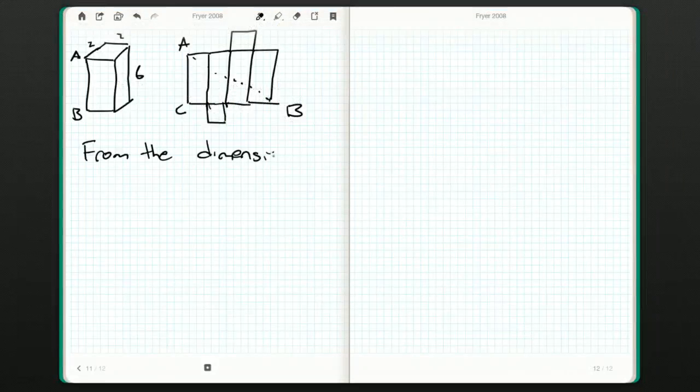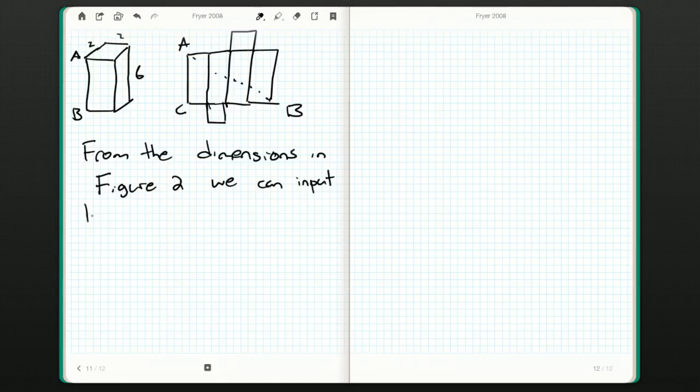You need to use that point C in a moment. So from the dimensions in figure 2, we can input lengths on our net.